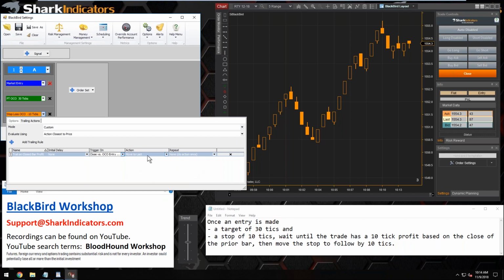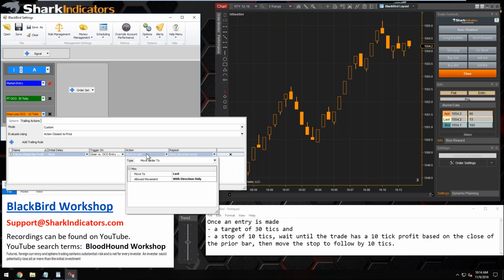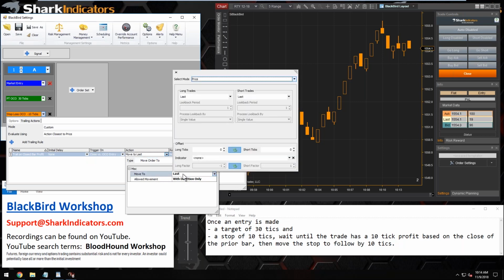So once we have that, we can now go into the actions, and we want to move to, let's see. The question just says, then move the stop to follow by 10 ticks.